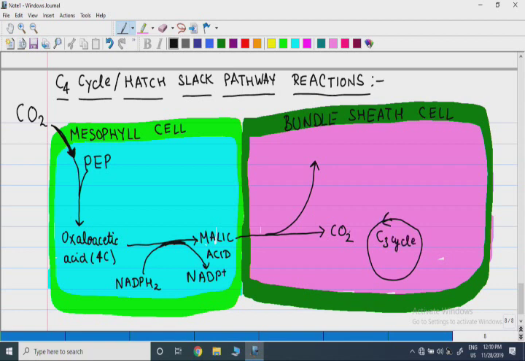So, it will enter inside the Calvin cycle with the help of this reaction. The bundle sheath cell will again now have a 3-carbon compound called pyruvic acid.